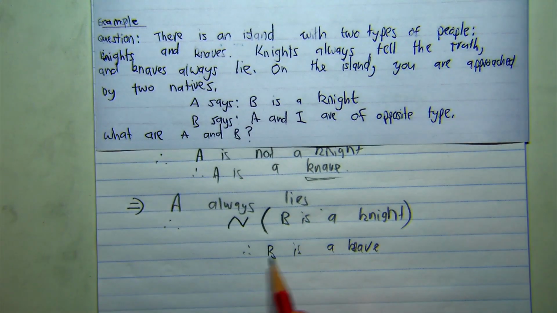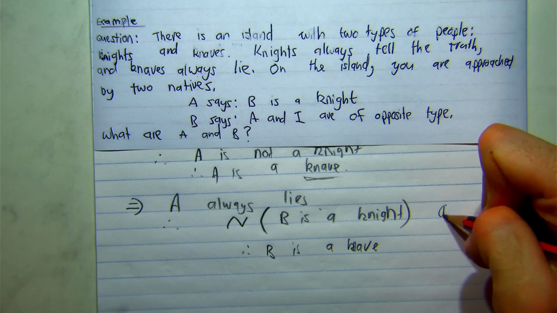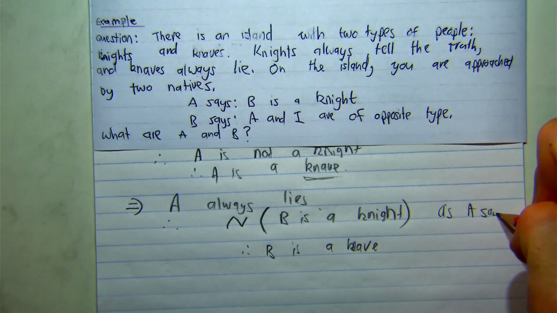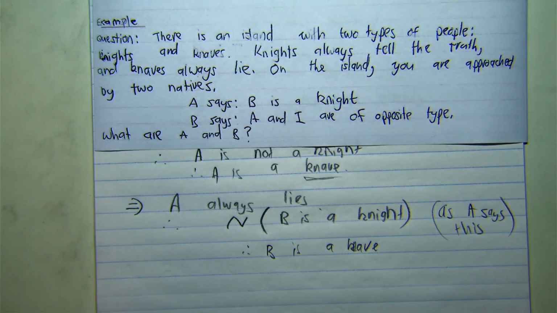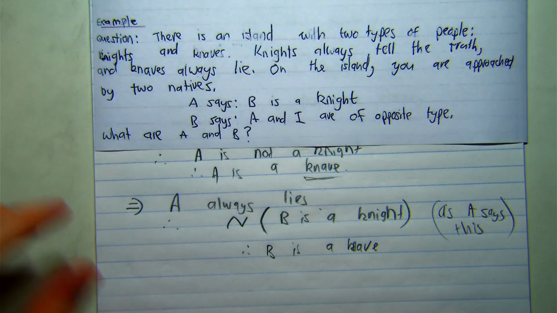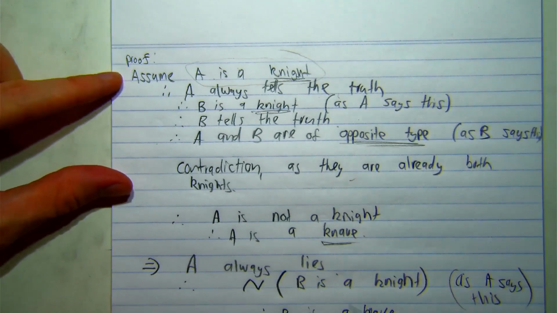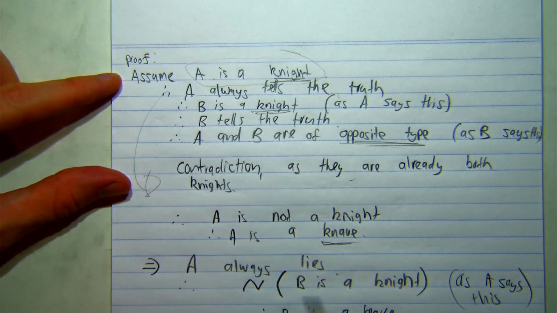And then that's it. I can say, as A says this, brackets. Okay, so they're both knaves and we have formally proved it. The first part is a proof by contradiction, where we just assume something and then show a contradiction from that assumption.